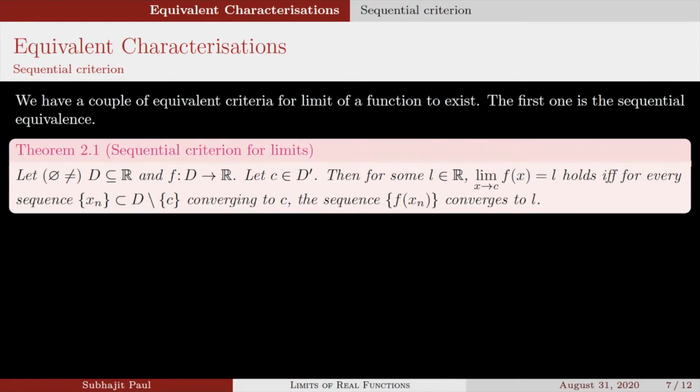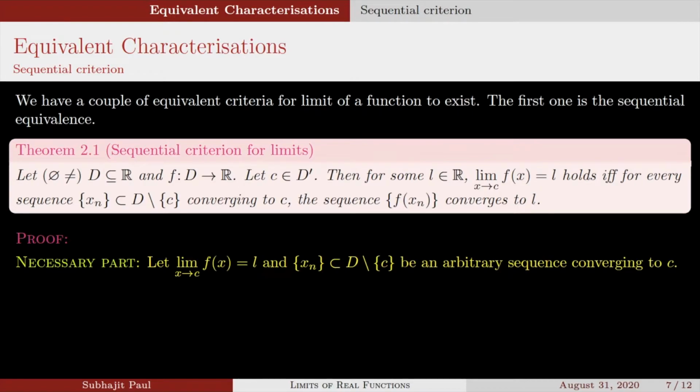So for every such sequence converging to C, the sequence f(xn) converges to L. So whenever we have a sequence converging to C, the corresponding functional value sequence f(xn) converges to L, then the limit at C will be L.